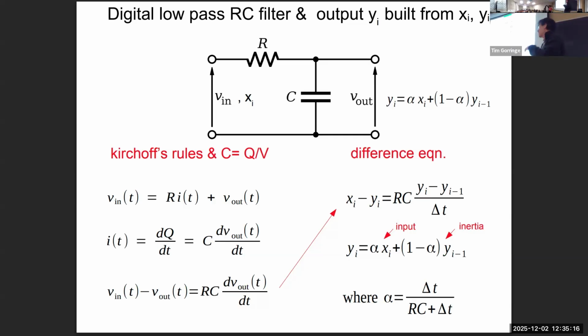It was just a combination of those two. Here it is. The current output sample depends on the current input sample and the previous output sample. That's the feedback. And the weighting of those two contributions just depends on your RC time constant.